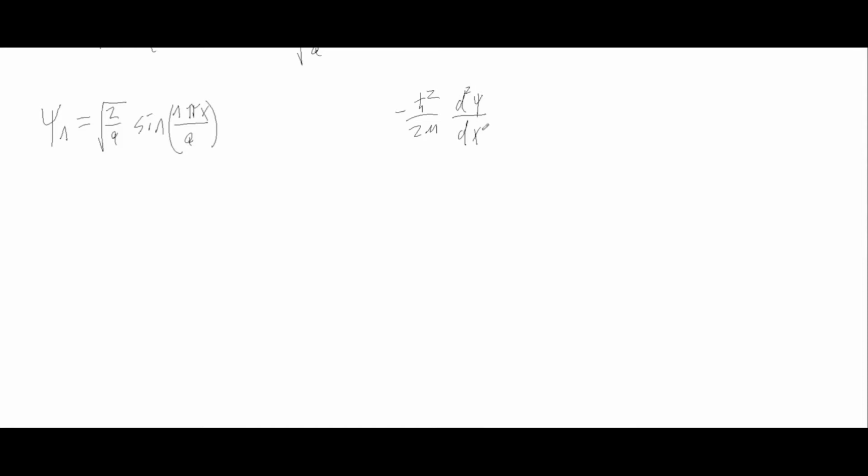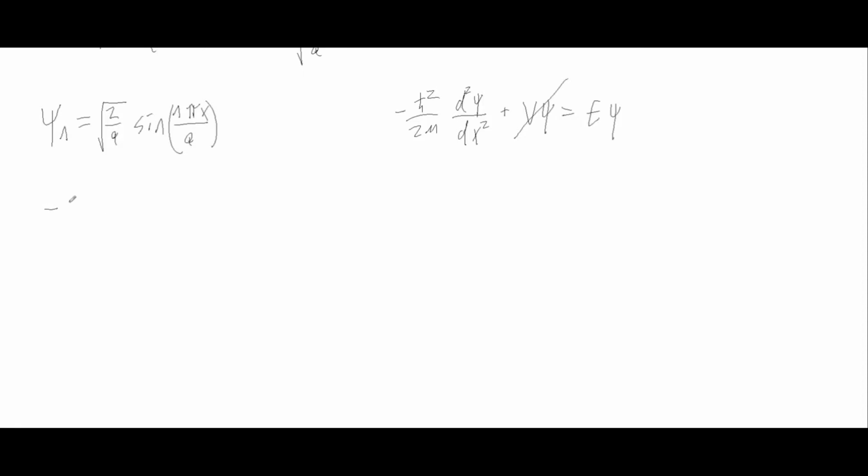Actually, this is the second derivative. But we said inside the well the potential is 0, so we can cross that off. And now if we plug this in for psi, I'll take the first derivative first and then take the second derivative after that.